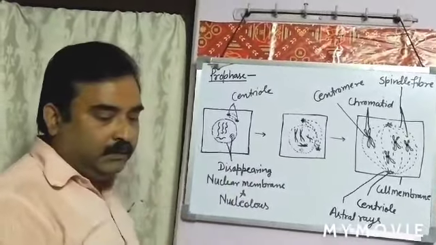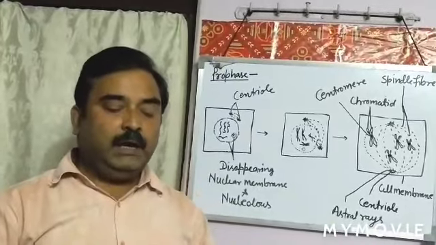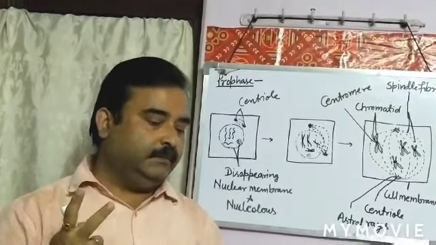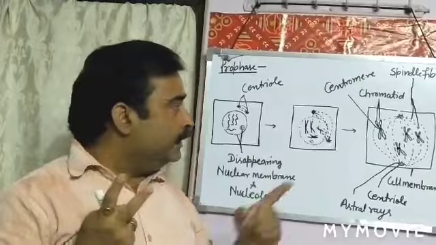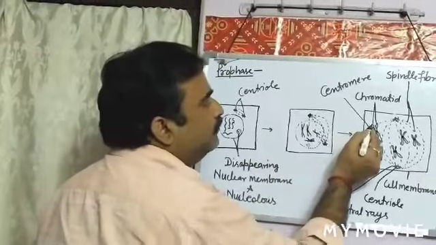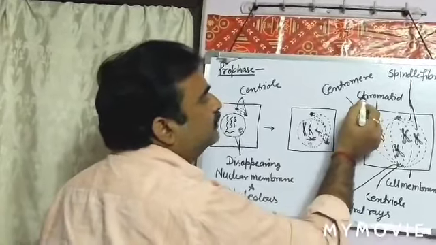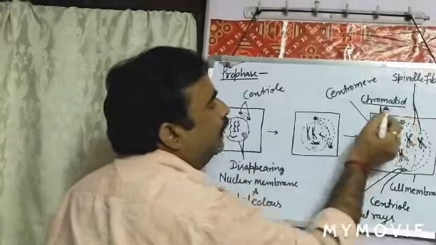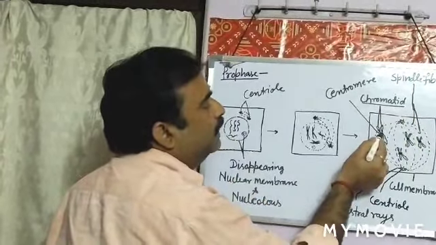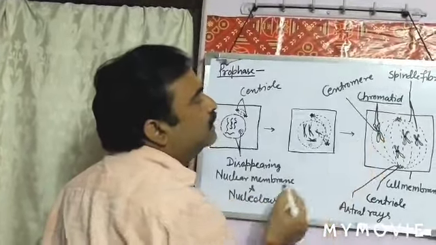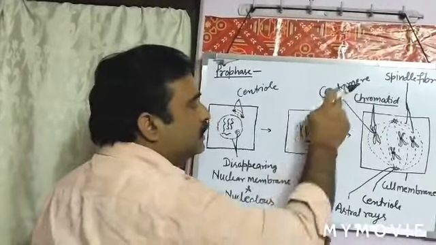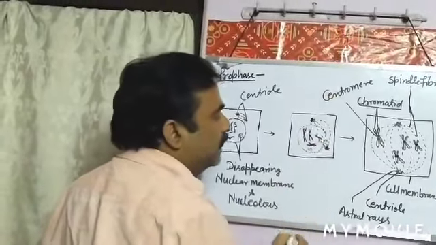When we see this chromosome, it has two chromatids. You can see in this diagram there are two chromatids, and both chromatids are connected with each other by the centromere, a structure where the chromatids are connected.